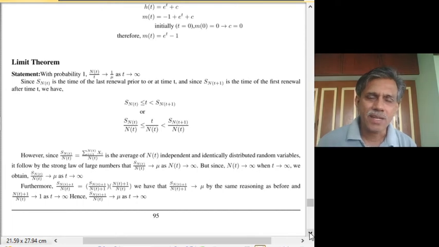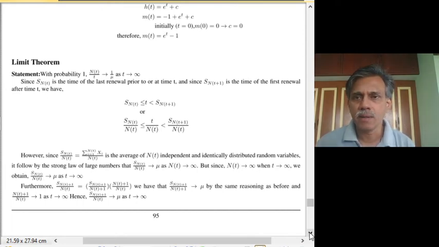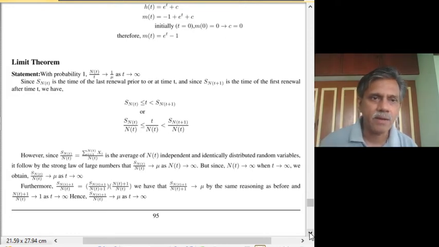If x bar is the expectation of the random variable x that governs the generic distribution between two renewals, and you let mu be equal to 1 over x bar, mu represents the rate at which the renewals occur, then this limit theorem tells that in the limit t tends to infinity, N of t by t approaches 1 over mu.